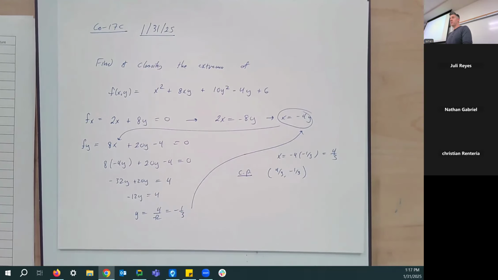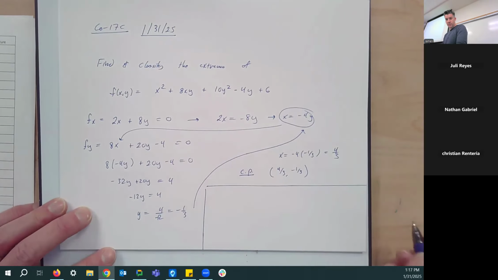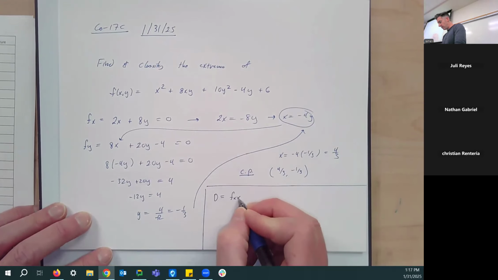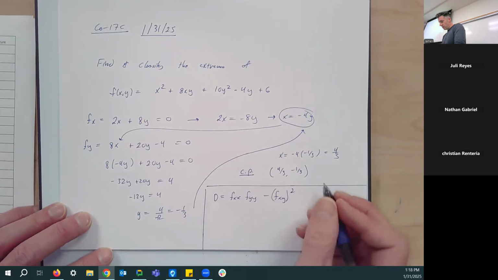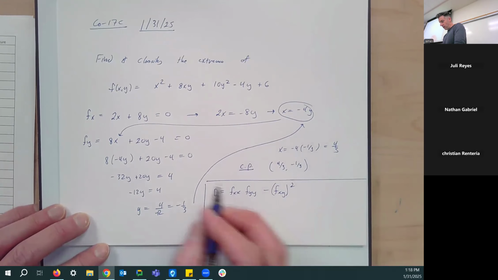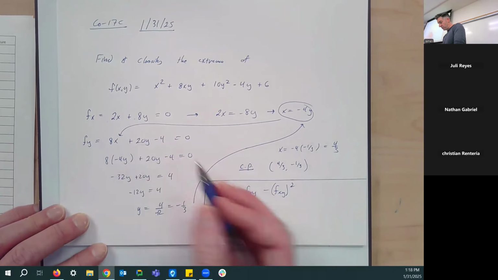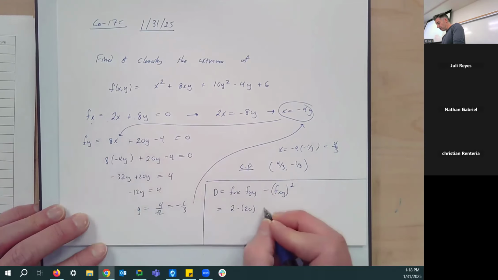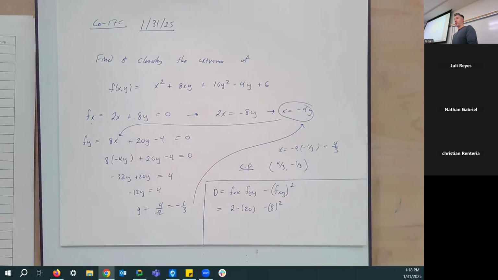So now the question: is it a maximum, minimum, or a saddle point? To answer that, we're going to find our capital D. Capital D equals fxx times fyy minus fxy squared. In this problem, fxx is just 2, fyy is just 20, and fxy is 8. This problem is kind of uninteresting in that there isn't anywhere to plug in our critical point.